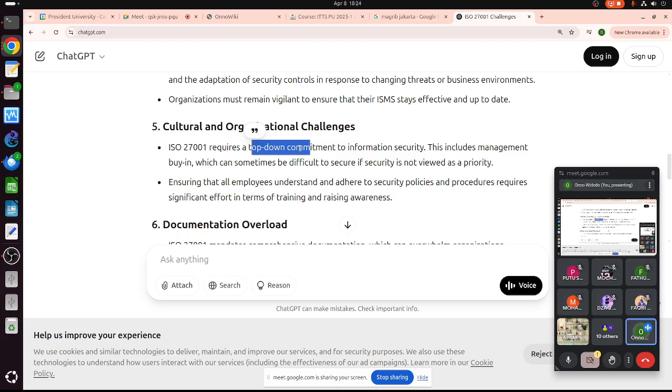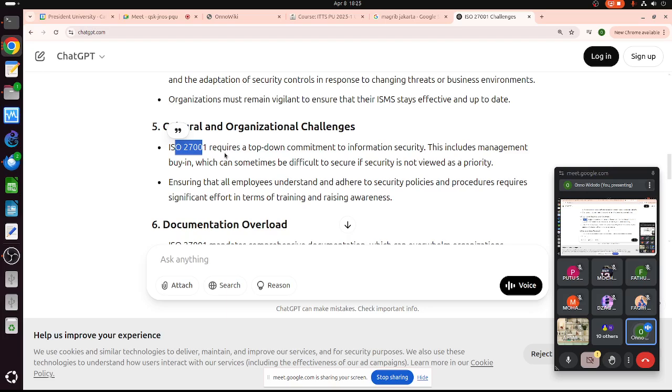Okay, because number one is normally more management oriented. They don't really care about security, so that's becoming a big problem for ISO 27000, and that's becoming a problem for government organizations and so on, because the directors are not aware of these things.